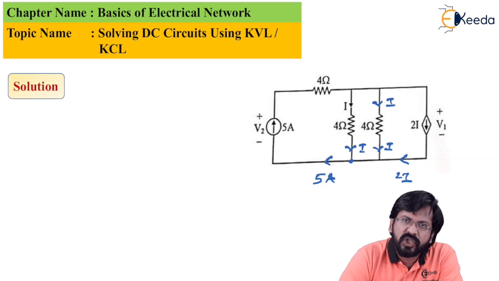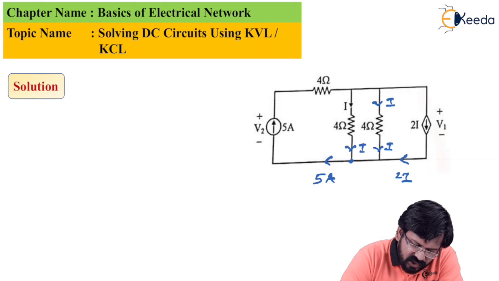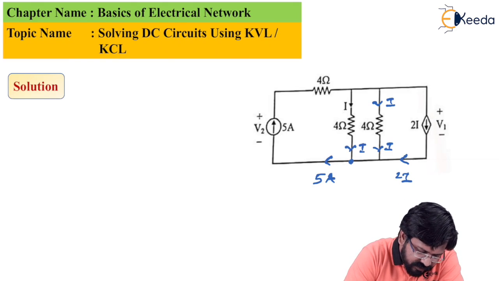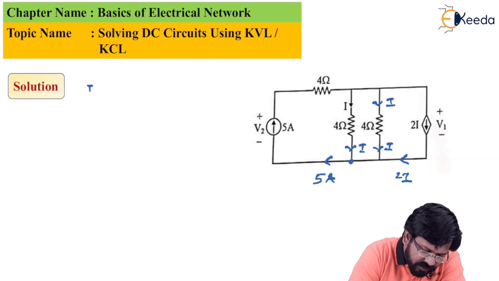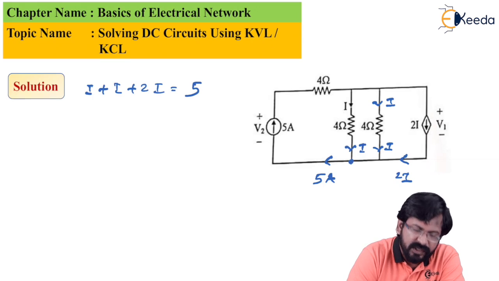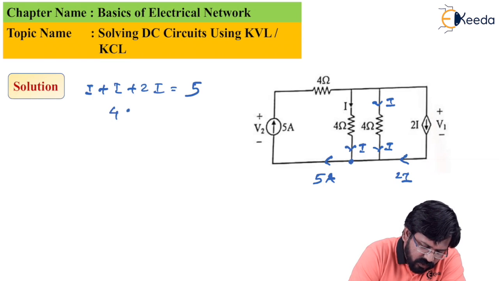Summation of incoming should match with summation of outgoing. So by applying KCL at this node, I plus 2I should be equal to 5, which is 4I equal to 5, or I is equal to 5 by 4 ampere.